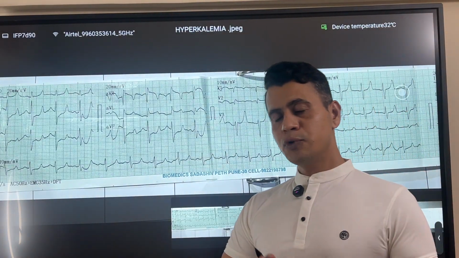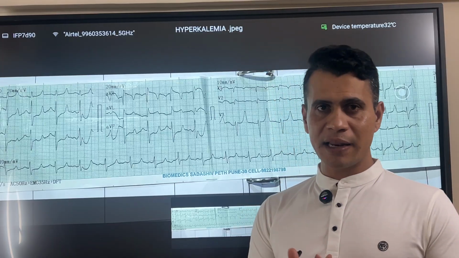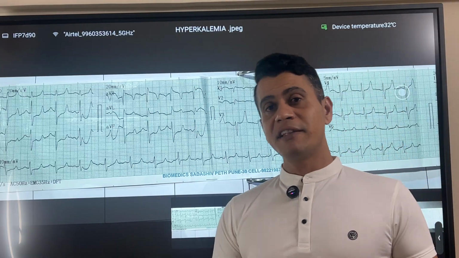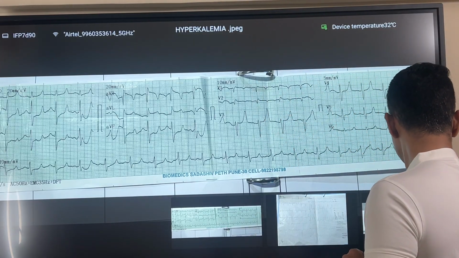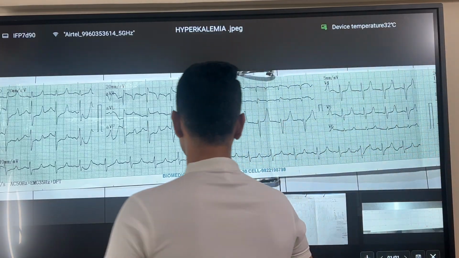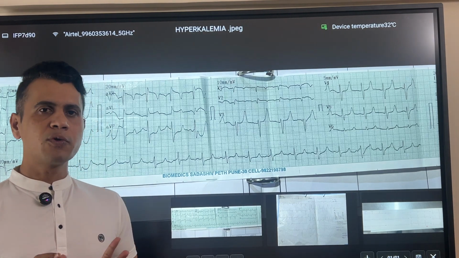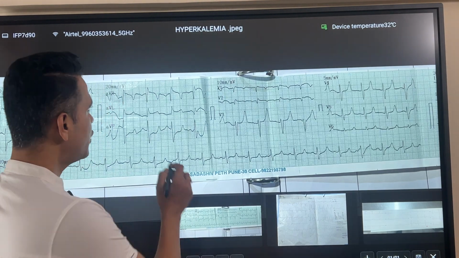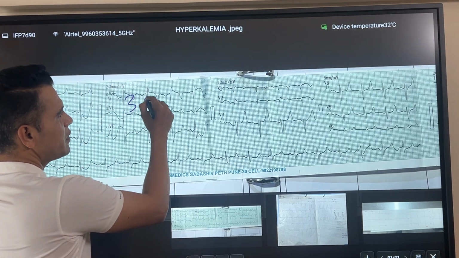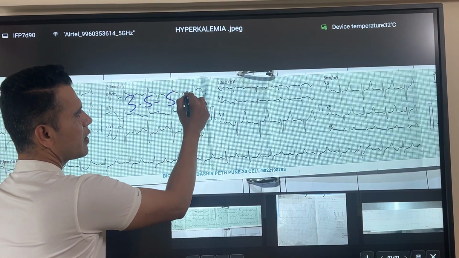Now when we come to hyperkalemia, things are very well defined. For example, we can exactly come to know what the potassium level could be. We know the normal potassium is between 3.5 and 5.5.